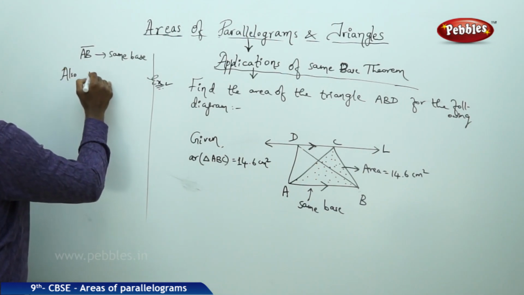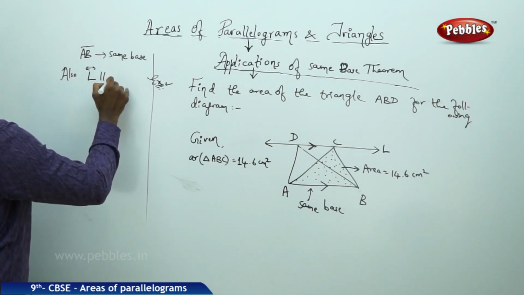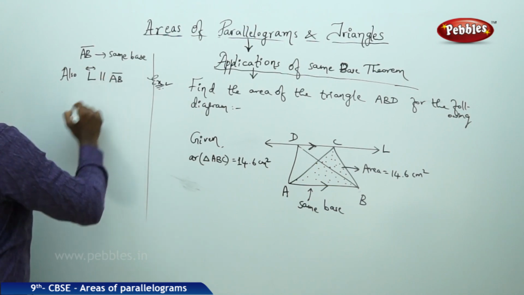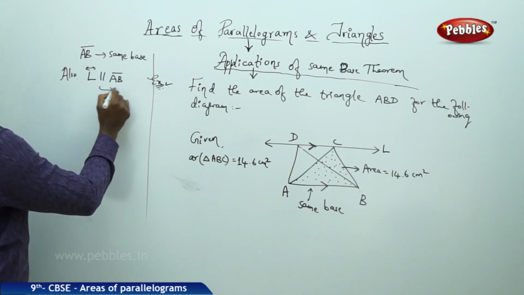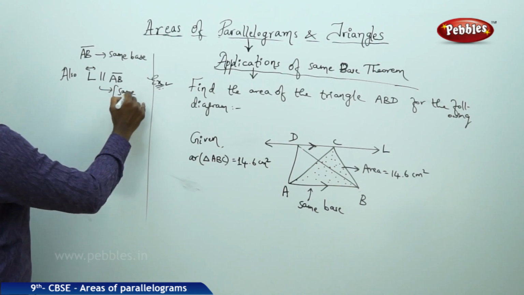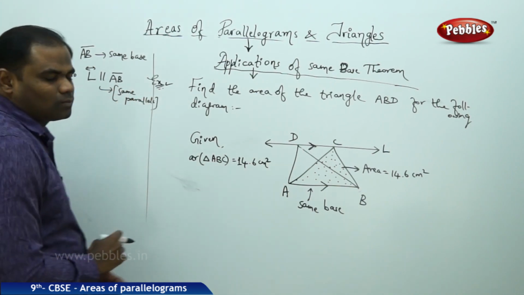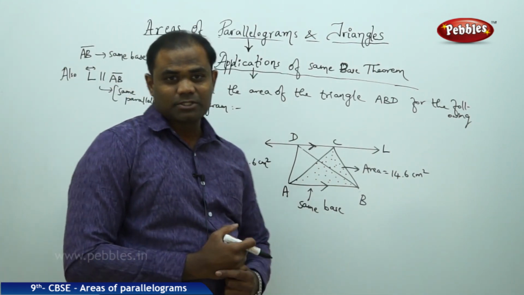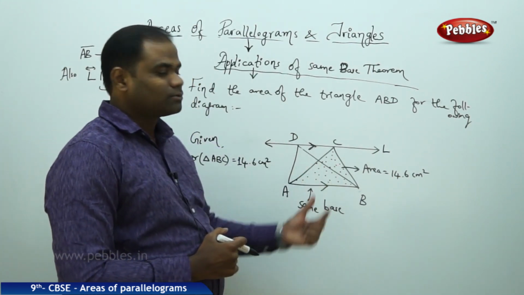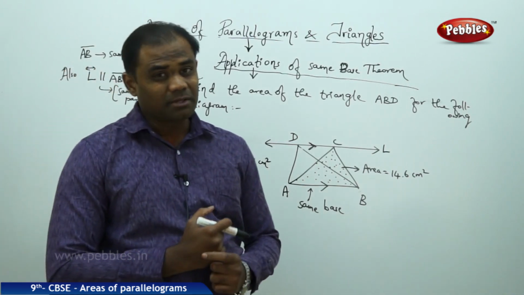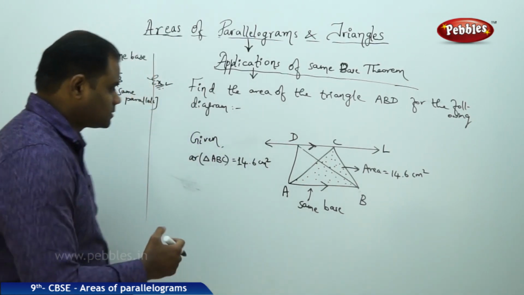Also, the line L is parallel to the same base. Now, recalling the previous same base theorem, these are two triangles on the same base and between the same parallels.